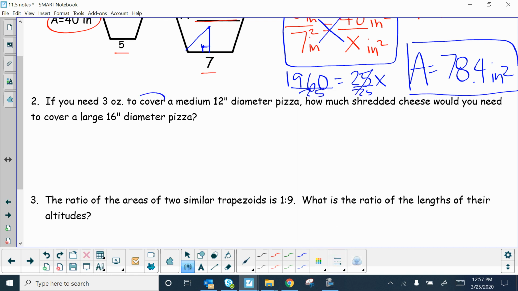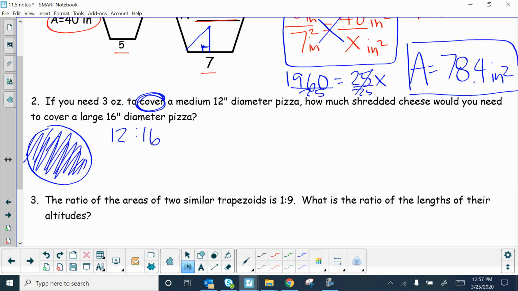When you think cover, you're covering the whole pizza, which, what is that? That's area, okay? So the side ratio or the radius ratio is 12 to 16, which reduces to 6 to 8. Okay, that's the radius. Then we can reduce it more. That reduces to 3 to 4.